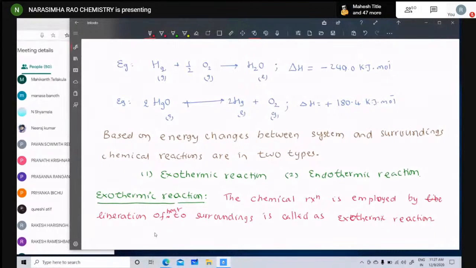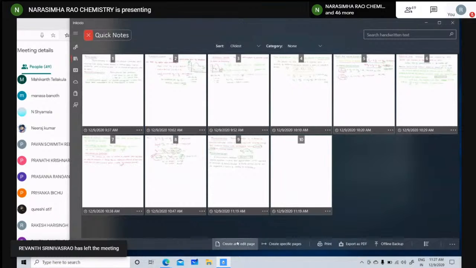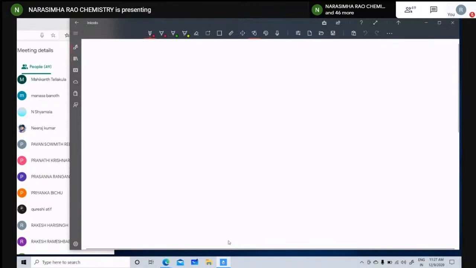Clear. Right. Going to the next page. Did not complete, no? Completed. Yes. Thank you.